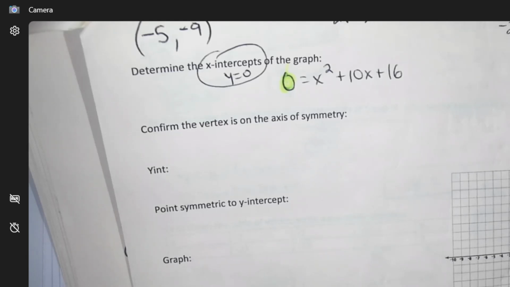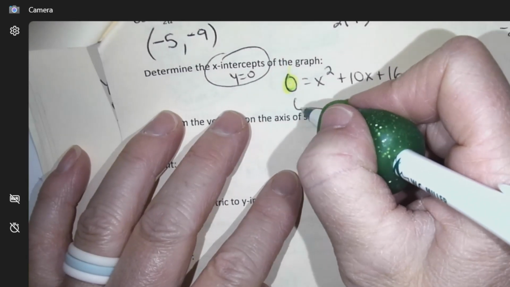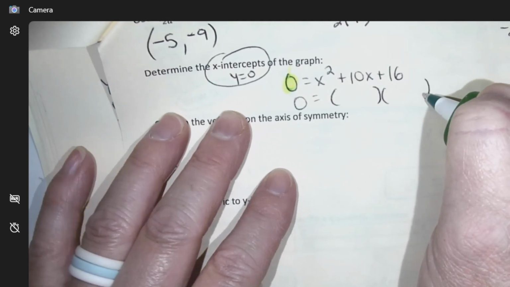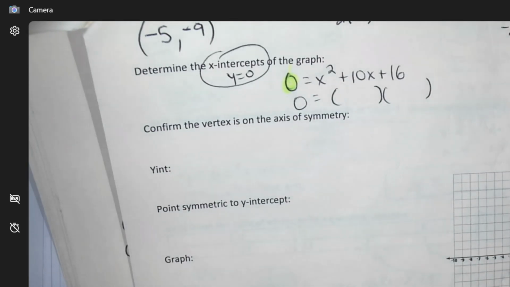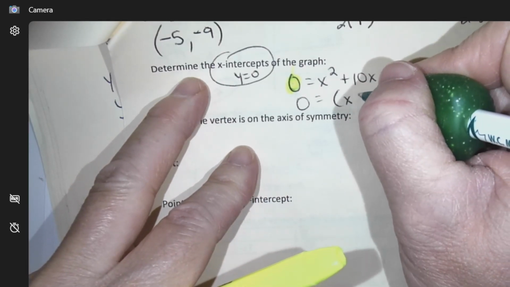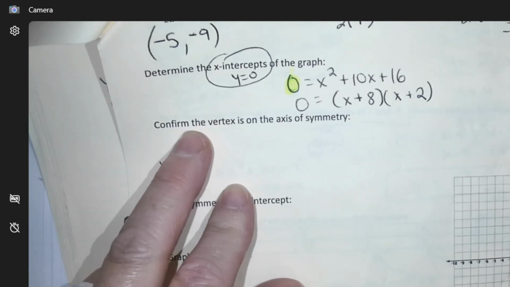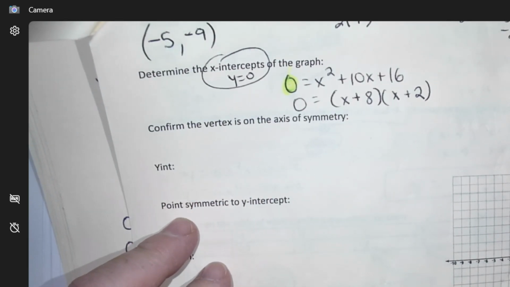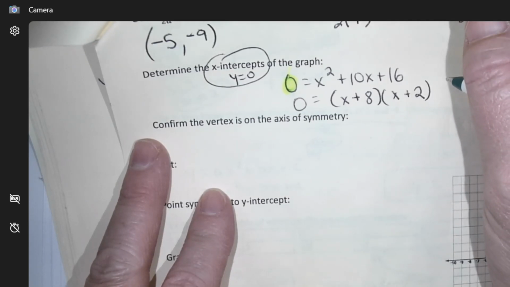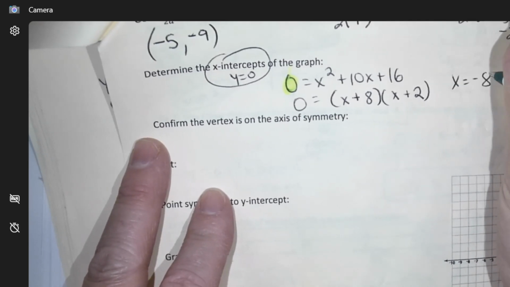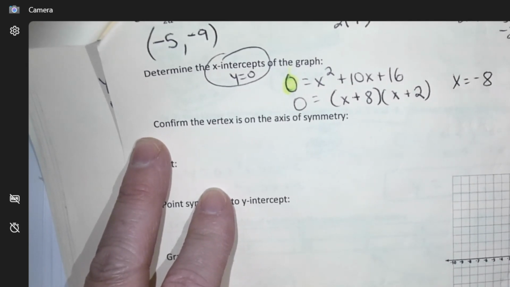Factor. So we are thinking about the factors that would FOIL to that. So multiplies to 16. Got some ideas, but those numbers have to also add to 10. So our x-intercepts are at negative 8 and negative 2.